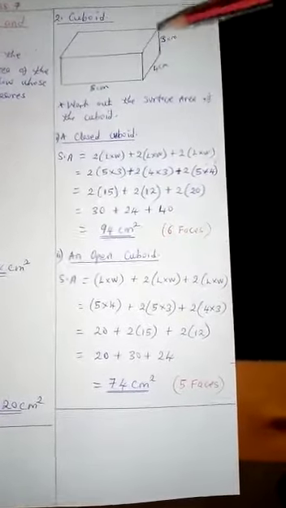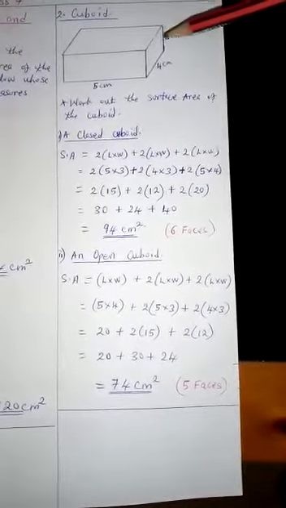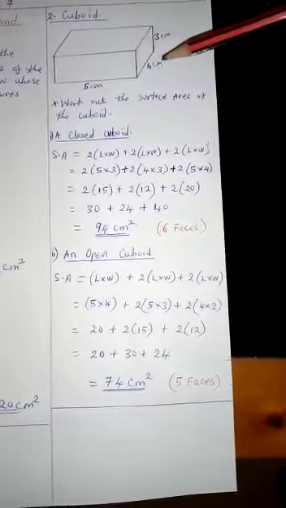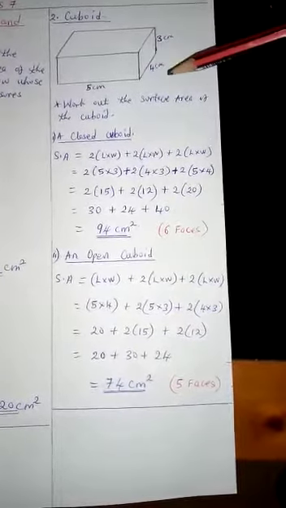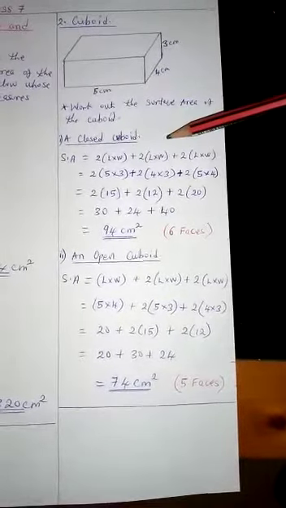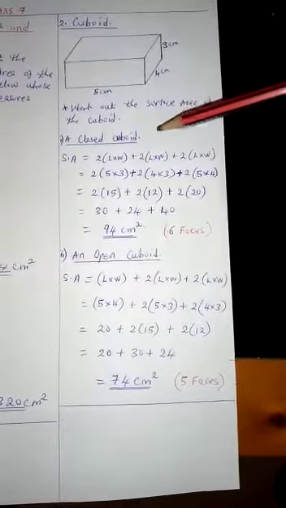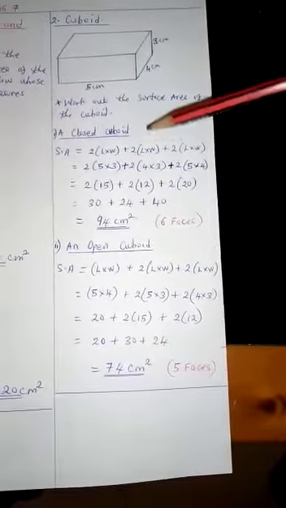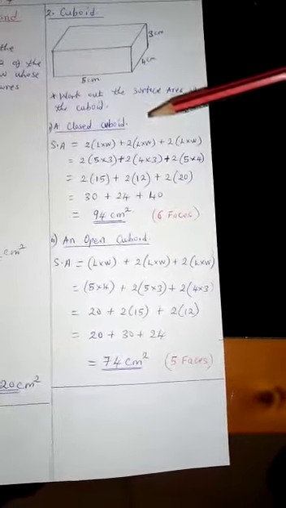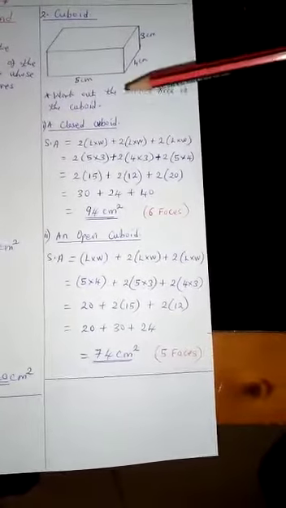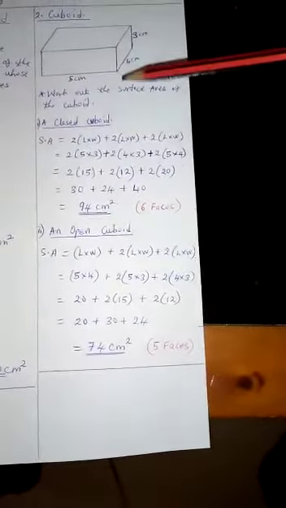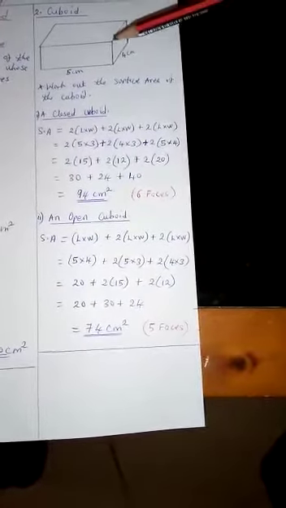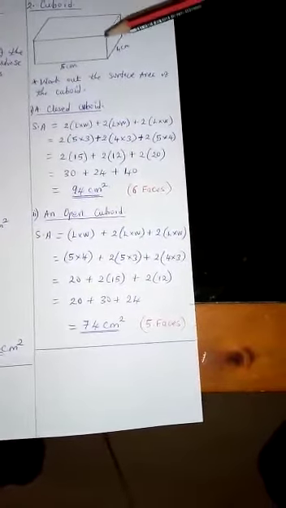A cuboid, remember the faces are not equal, but the faces take the shape of a rectangle. So all the faces are rectangles. If it is a closed cuboid, how many faces? There will be 6 faces. To get the surface area of a closed cuboid, we get the area of one rectangle. One face is always opposite to another face, and the two of them are equal.